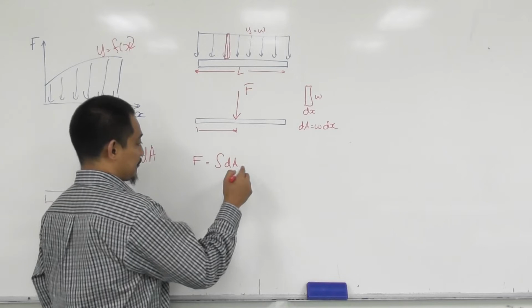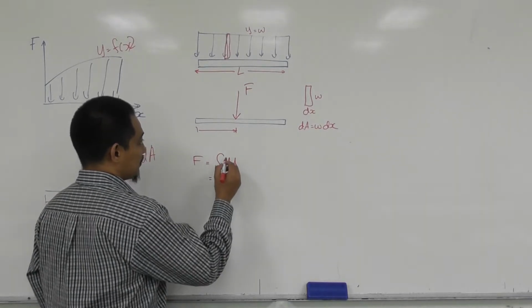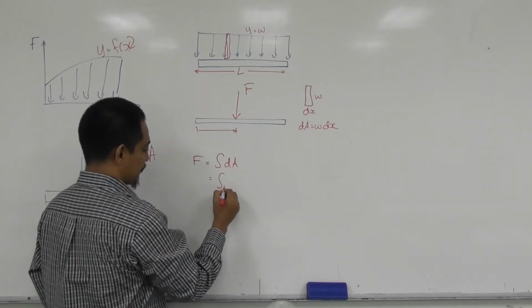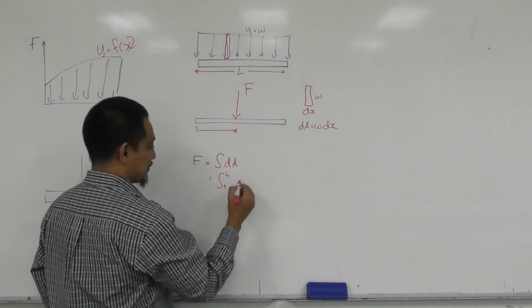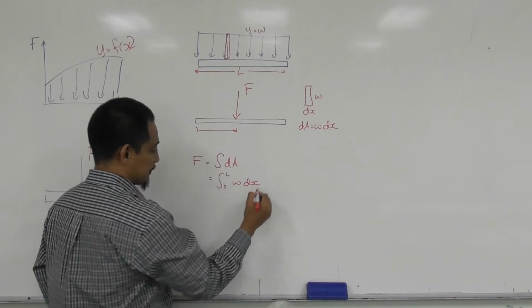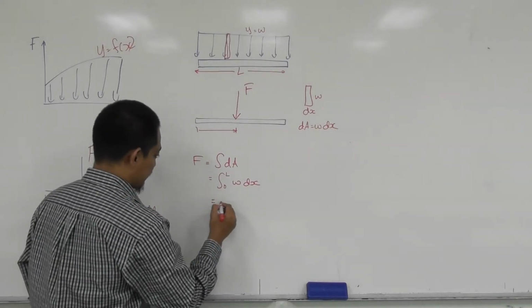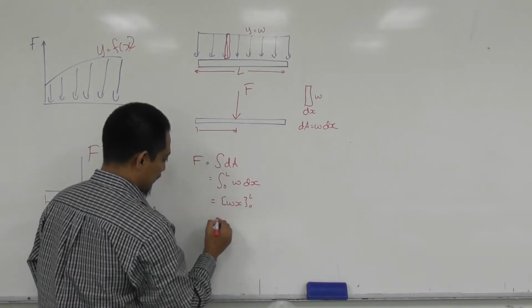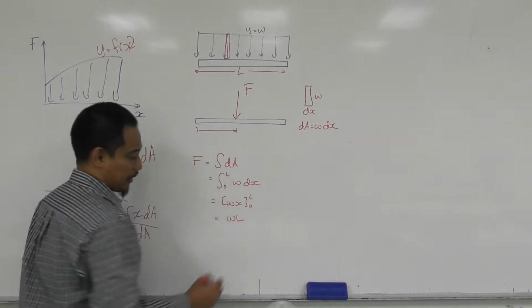Anyway, if you have that, you plug in here, and what is the limit? The limit is from here to here, so from 0 to L, and dA is w dx. If you integrate that, you'll get wx, with the limit of 0 to L, and then you get WL.